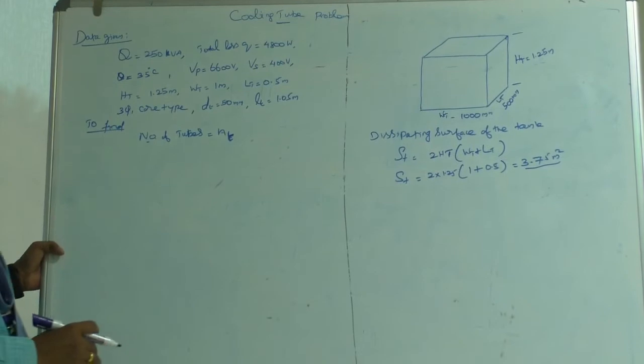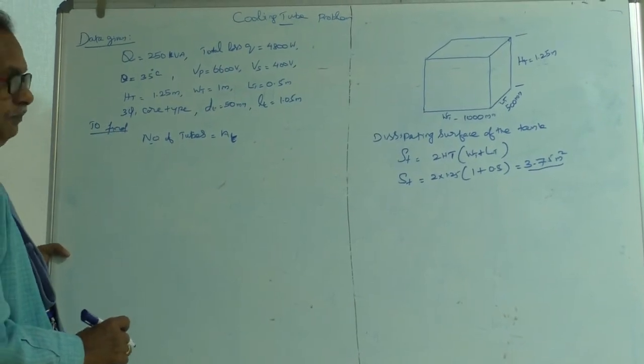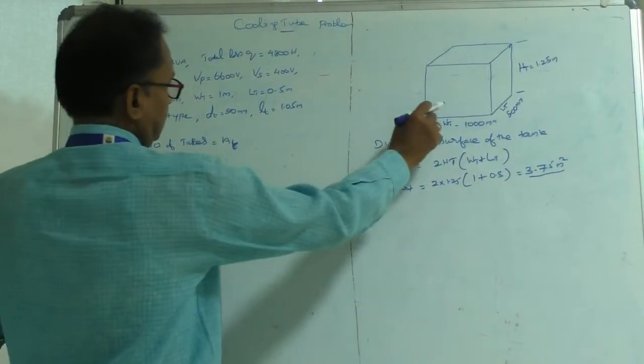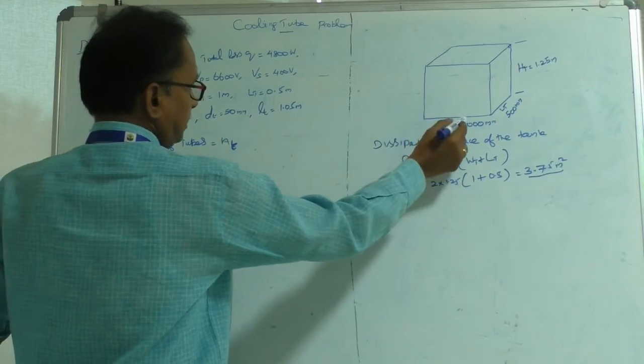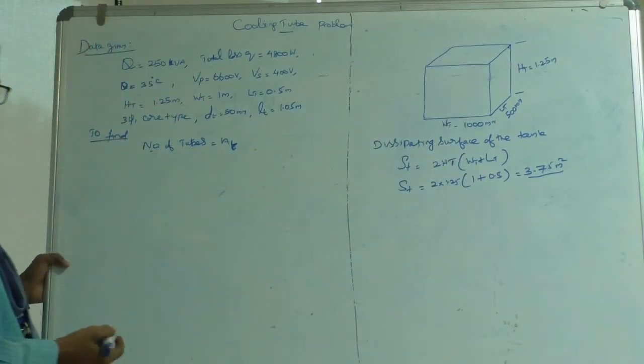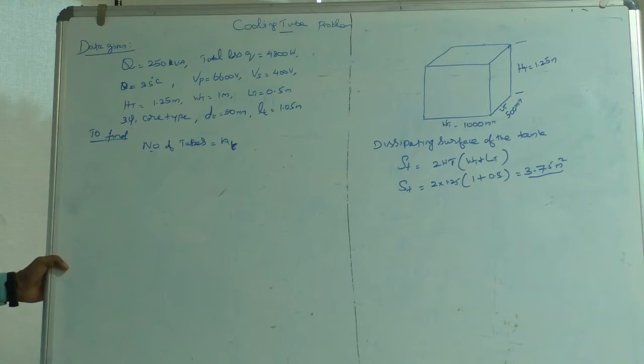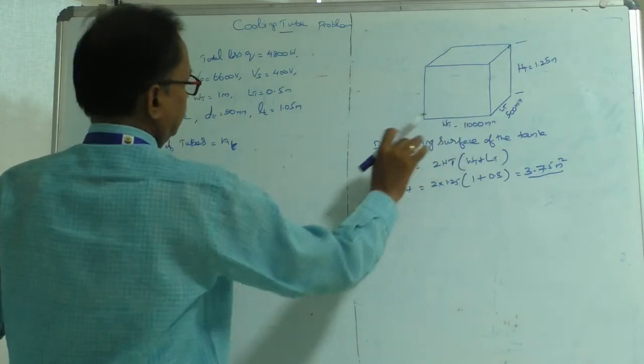In a cooling tube design, the transformer tank cannot dissipate the power from the bottom area of the tank, because it dissipates only from bottom to top, so you cannot get heat dissipation from there.